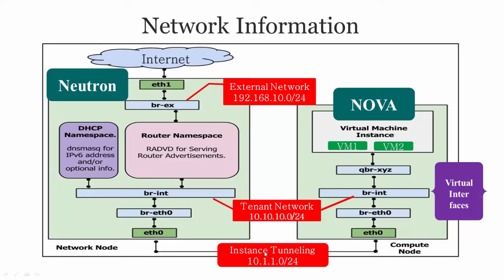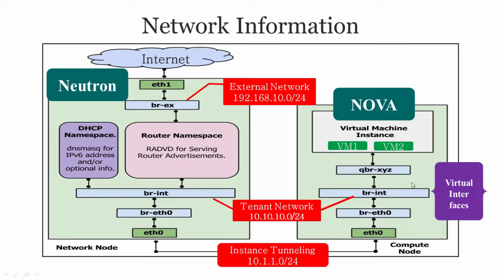And for instance tunneling as well, ETH0 will have 10.1.1.0/24 network addresses for the tunneling service. Also, the Nova compute node will have virtual machines, and these virtual machines need to use virtual interfaces like QBRXYZ, and the bridge integration, this one is the same, and the bridge ETH0, this one also is a virtual interface to connect the physical interface for use of the instance tunneling service.